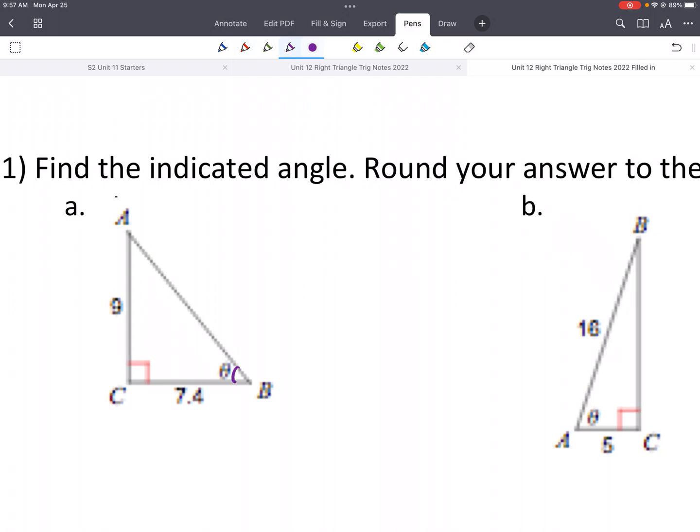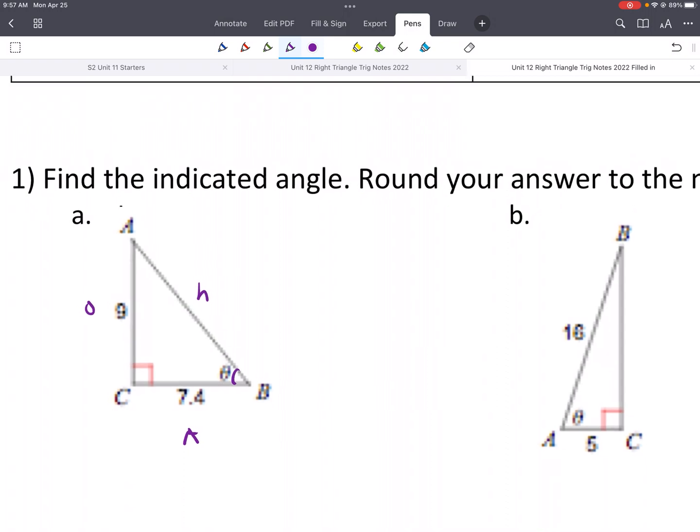So we have a reference angle. We're still going to label our sides, H, O, and A. But here we only have 2 sides given. We're missing the hypotenuse, but we do not need to find that. What they're asking for is the reference angle theta.